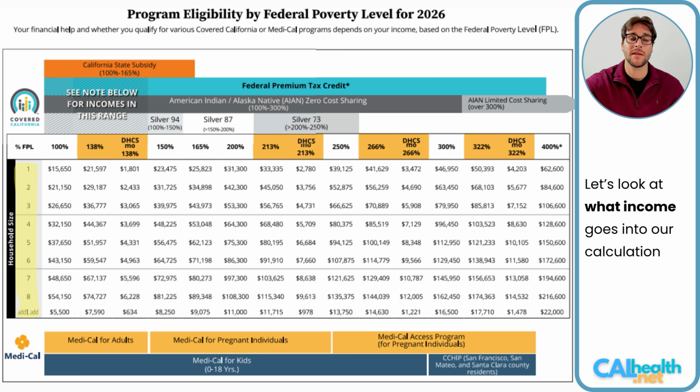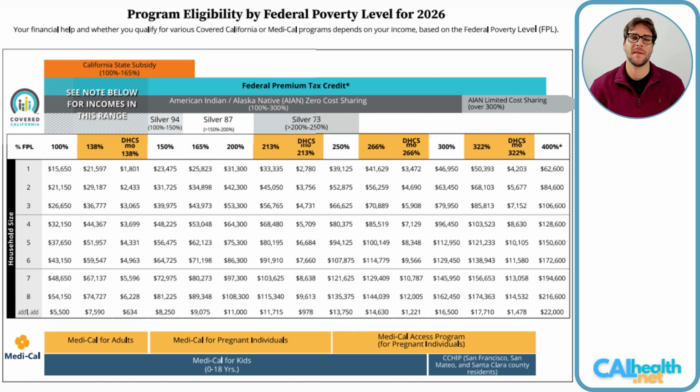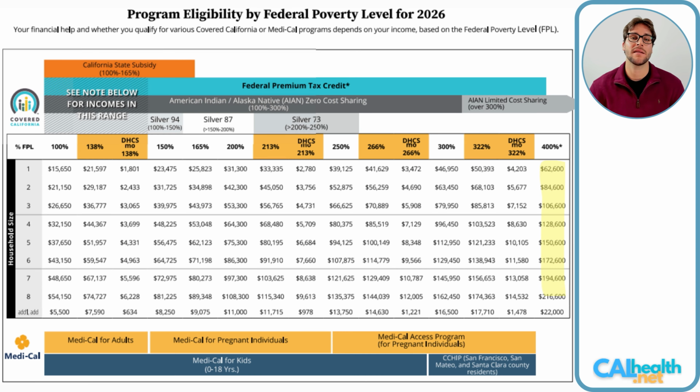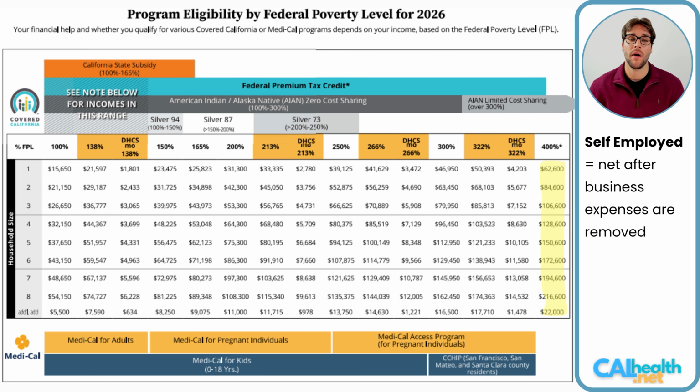So now let's look at, in 2026, the subsidy has been a huge topic of debate, and we would like to really go over it in this video. First of all, before I explain the income ranges, what actually counts as income in Covered California's eyes? The simplest way to put it is if you're self-employed, we want to look at your net business income, or after you've taken all your business expenses out of your gross income.